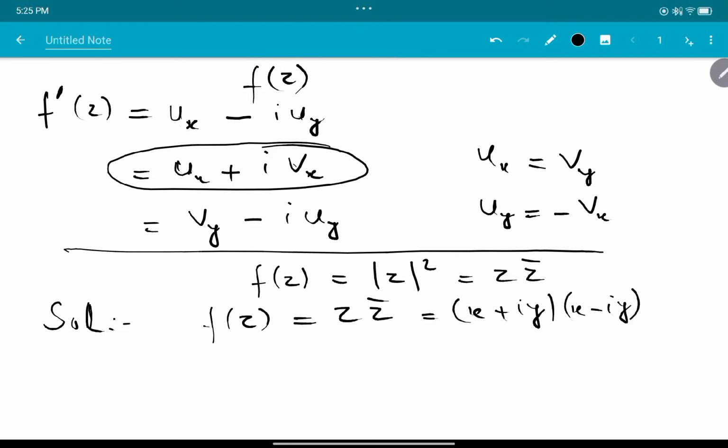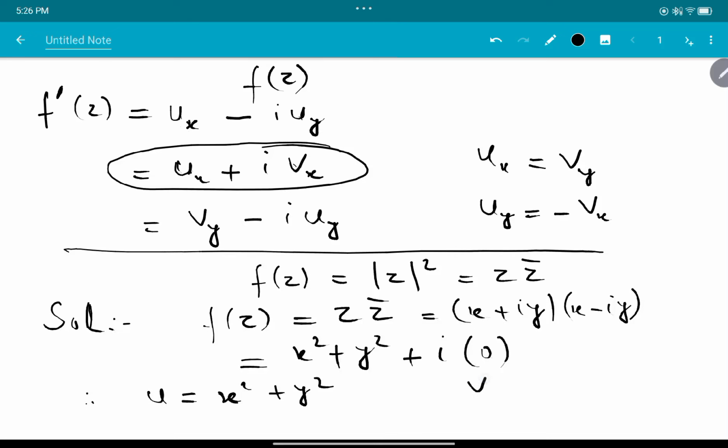Then that is equal to x square plus y square, plus there is no imaginary part left. We can write, however, plus i into 0, this is the imaginary part. Therefore u, the real part of the function, is equal to x square plus y square, and v is equal to 0.